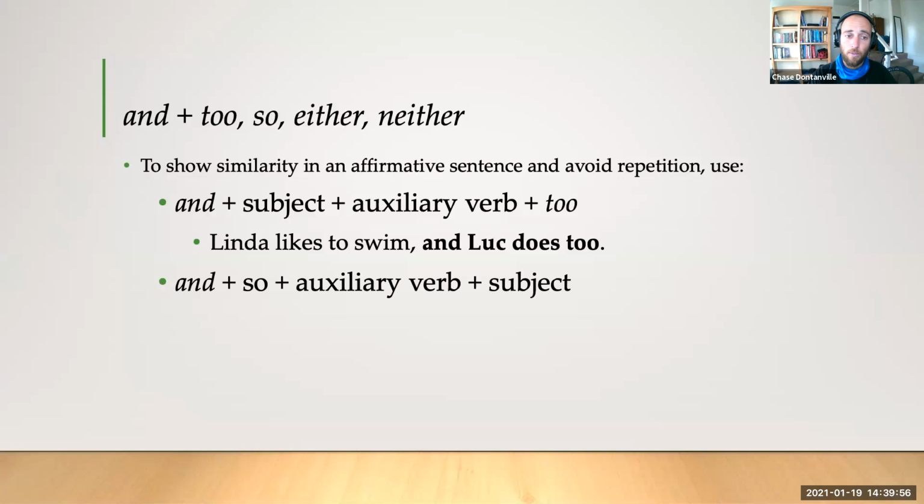You can also use and plus so plus the helper verb or auxiliary verb and then the subject. So Linda likes to swim and so does Luke. So these two sentences, Linda likes to swim and Luke does too. Linda likes to swim and so does Luke. Same meaning, no difference in meaning, okay? Just two ways of saying the same thing.